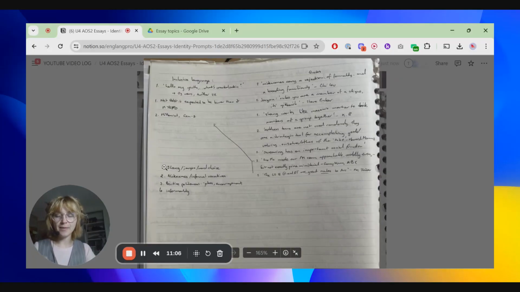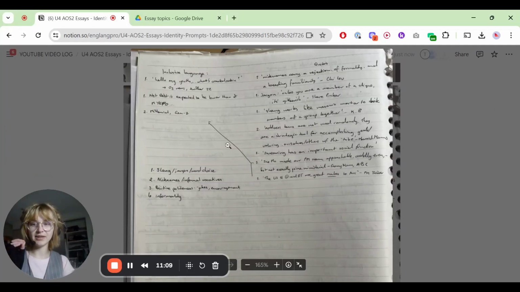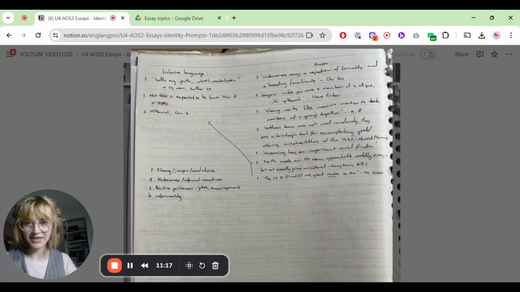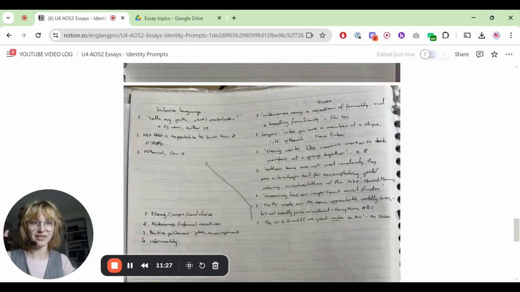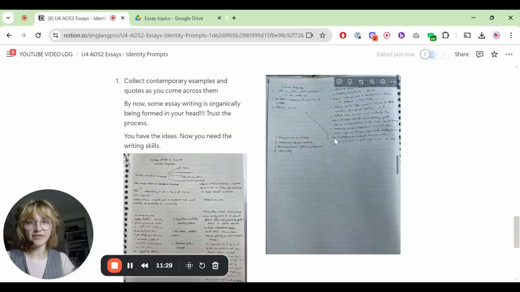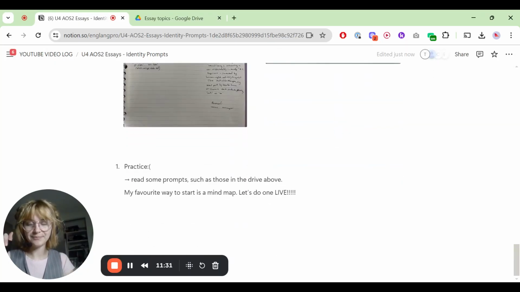And I'm labeling each contemporary example, quote, anecdote, whatever I've got here, with where I would put them in my paragraphs. On the previous page, I had my paragraph ideas, and now I've numbered these. Where would these pieces of evidence go in my paragraphs? So that's an example of how I would go about it.